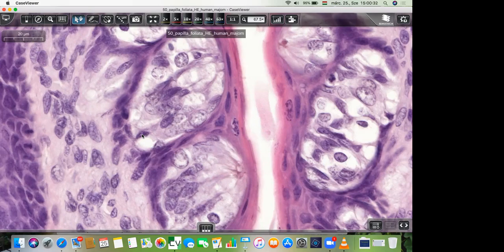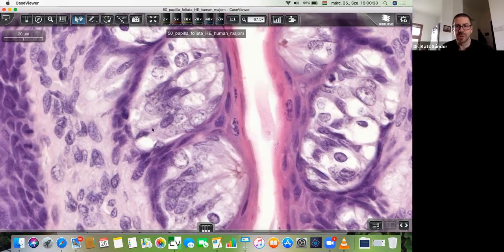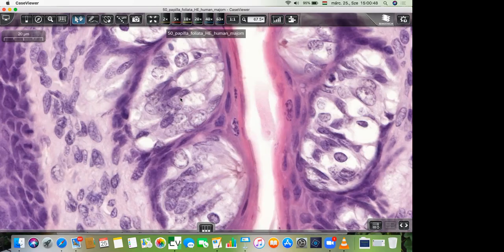Dr. Katz, how do you tell the difference between the supporting cell and the basal cell? The nuclei. The basal cells are at the bottom and smaller, and the supporting cell nuclei are elongated and a little bit bigger. Okay, thank you.